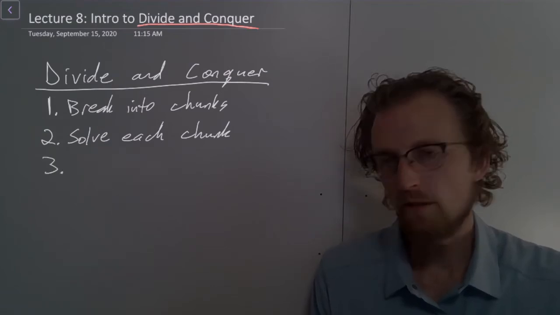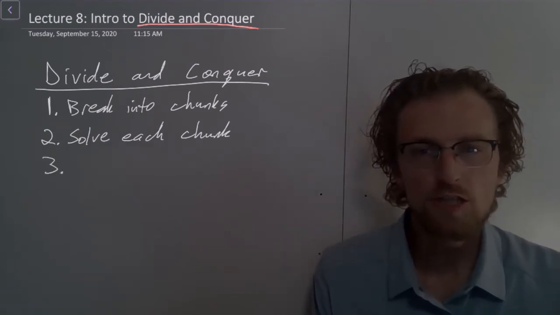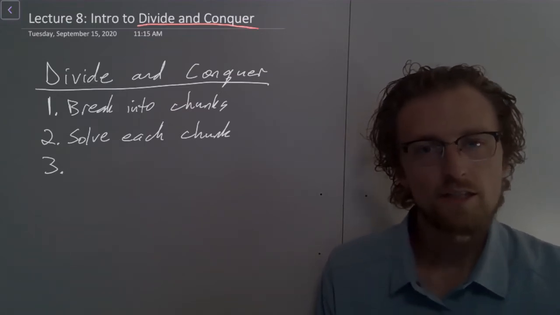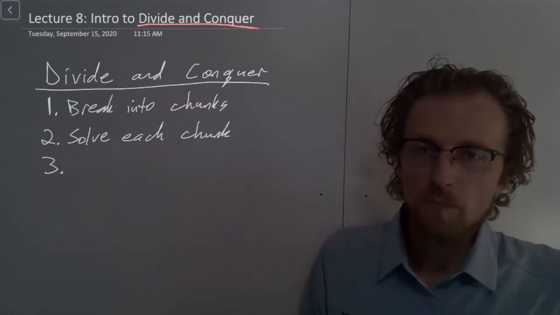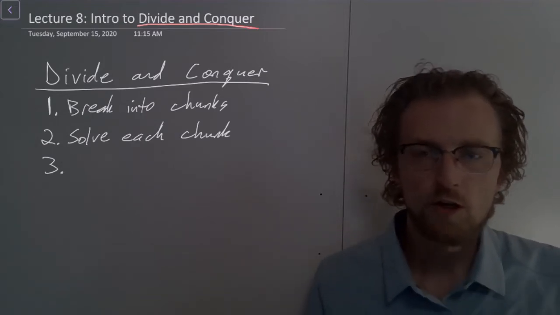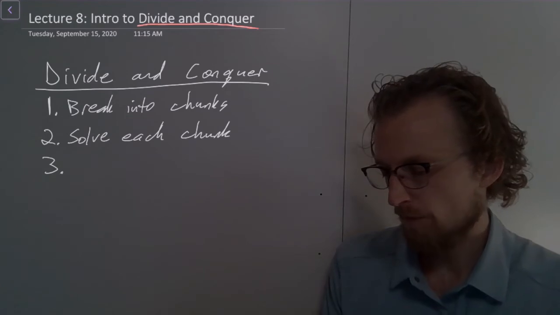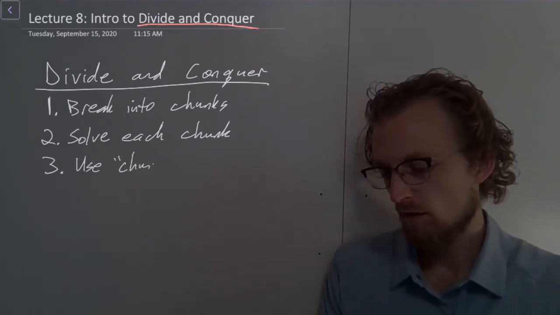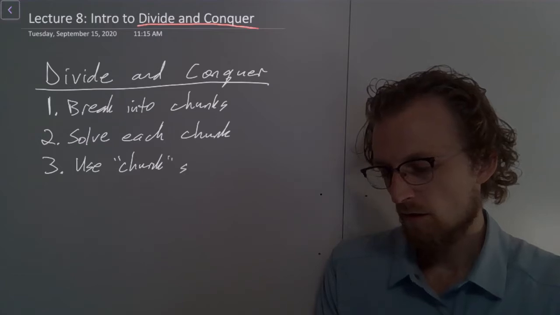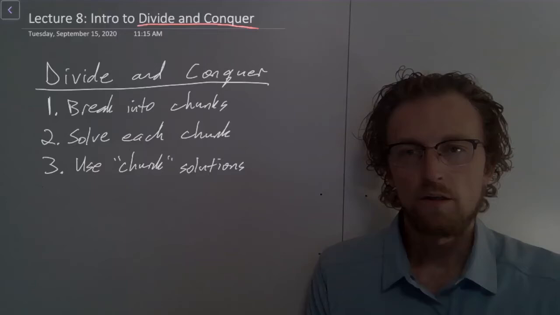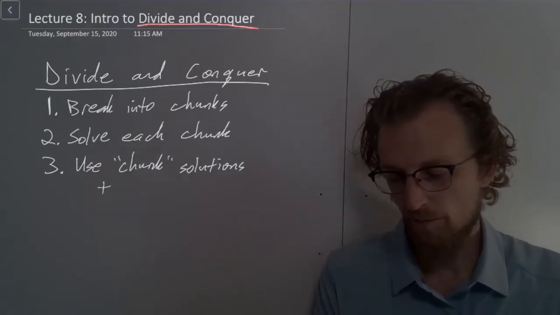And then step 3, you take the solutions you got from your recursion, the solutions to each chunk, and in some way you stitch them back together, or you use the solutions from the solved chunks to solve your original problem. Whatever you get back from step 2, you use those to solve the original problem.